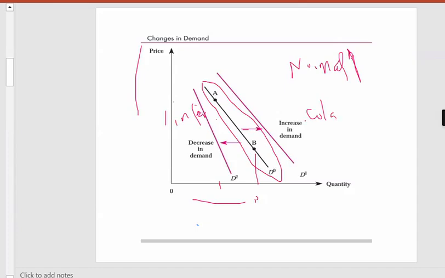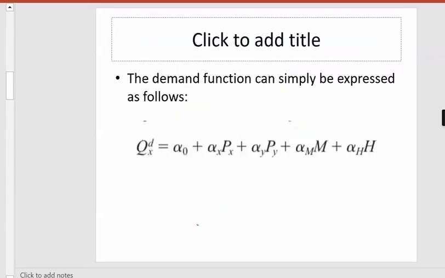Kwa hiyo cola will be on the right side. Kwa sababu Pepsi bei yake imepanda, manake tutegemea mauzo ya cola yawe right side and mauzo ya Pepsi yawe left. Yeah, left side. You get it? Are we together? Yes, doctor. Yeah. This was the kind of illustration.